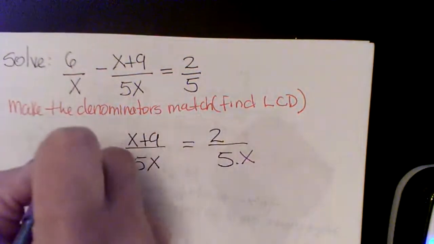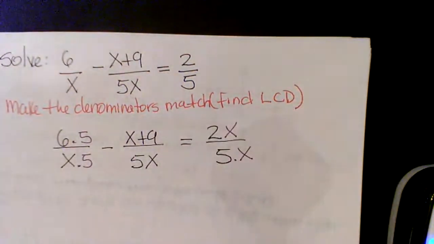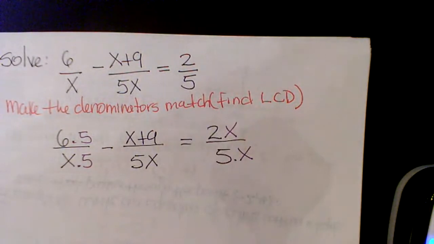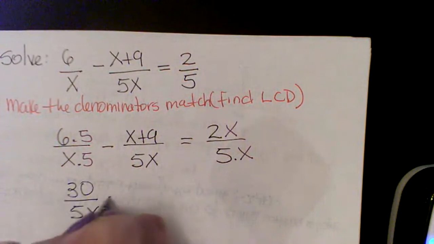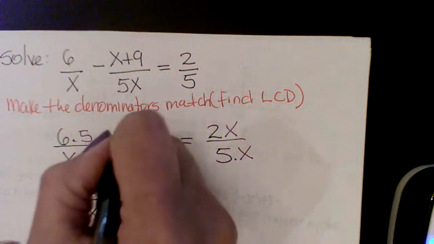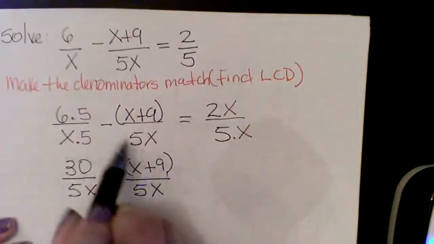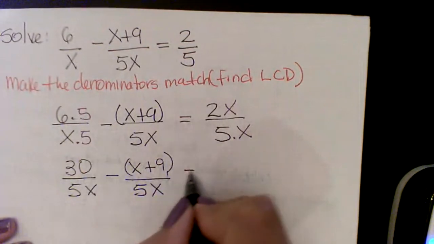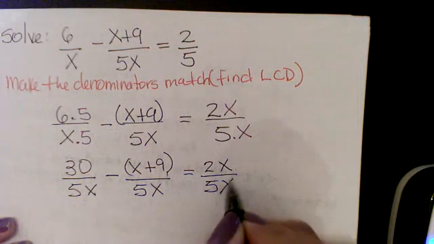So I need to multiply by 5 and I need to multiply by x. So what I have here is 30x minus x plus 9. I'm using the parentheses because I could see the negative sign here. And we have 2x equal to 5x.